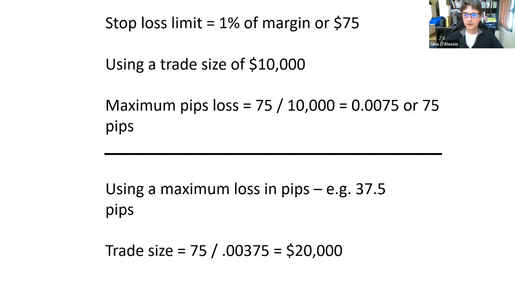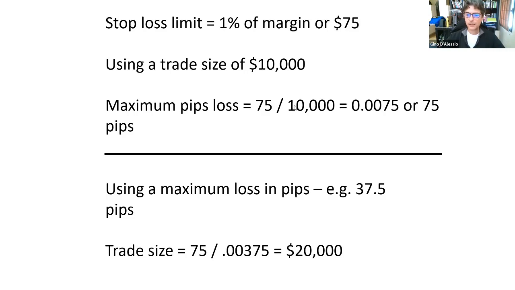If I have a stop loss in dollar terms of $75, and let's say I begin with a trade size of $10,000, my maximum stop loss in pips would be $75, my maximum loss, divided by $10,000, the trade size, and that equals 0.0075 in the euro dollar price, or in colloquial terms, 75 pips.